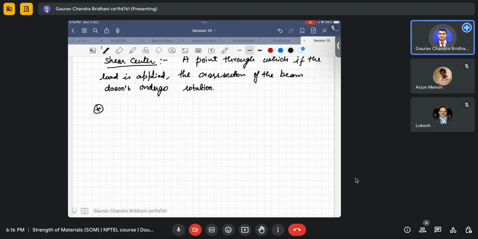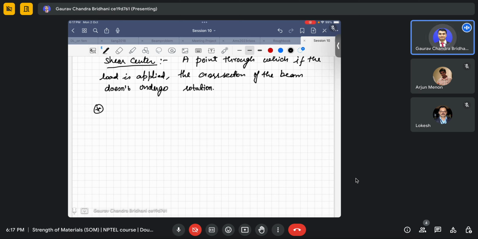Basically, when we learnt about shear flow, which we saw in the case of shear, we tried to equate shear flow in various members of the cross section with the applied load, and then we find what those x and y are.